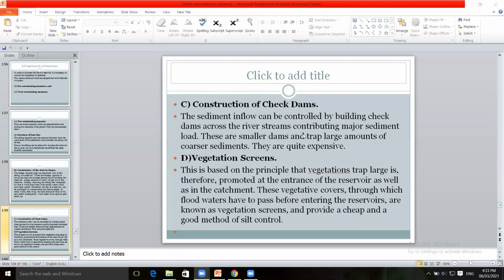These measures are taken to avoid silting of the reservoir, to control the accumulation of clay, silt, debris or large particles at the bed of the reservoir.